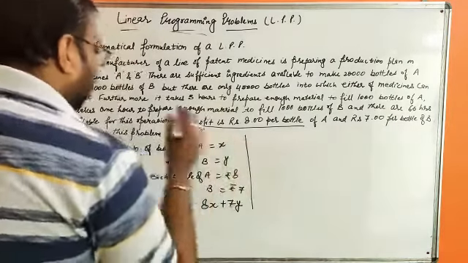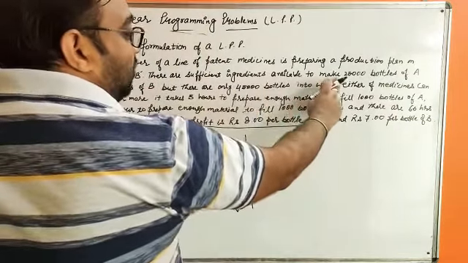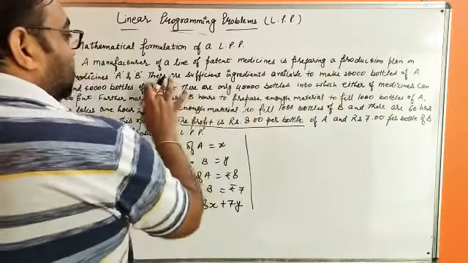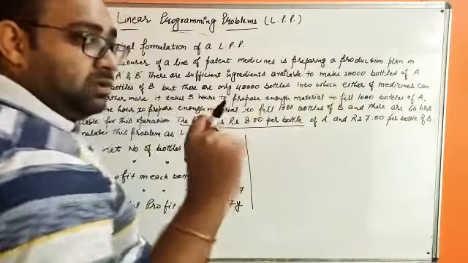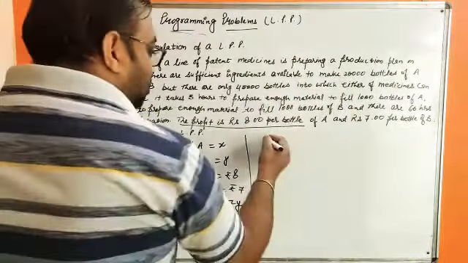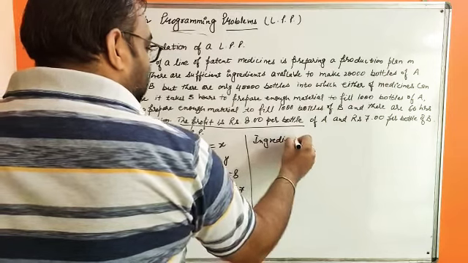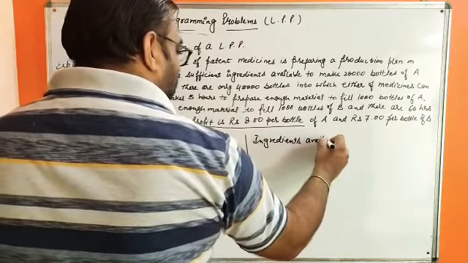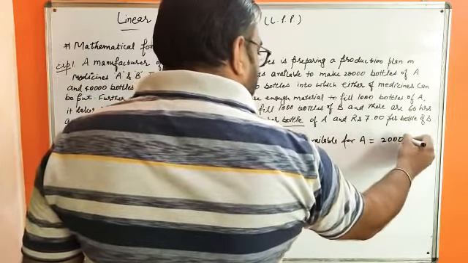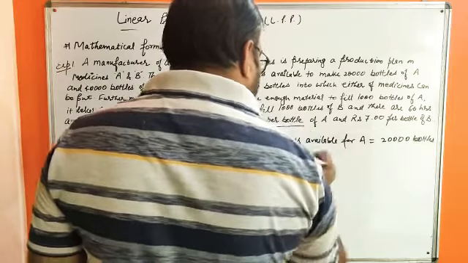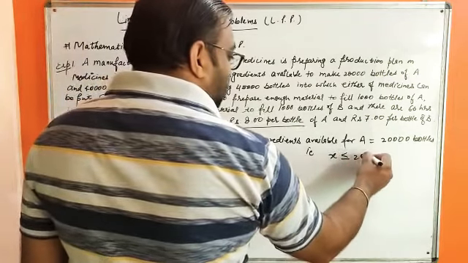Now see, there are sufficient ingredients available to make 20,000 bottles of A. It means we can make 20,000 bottles of A, not more than it. So ingredients available for A, 20,000 bottles. That is, X should be less than or equal to 20,000.